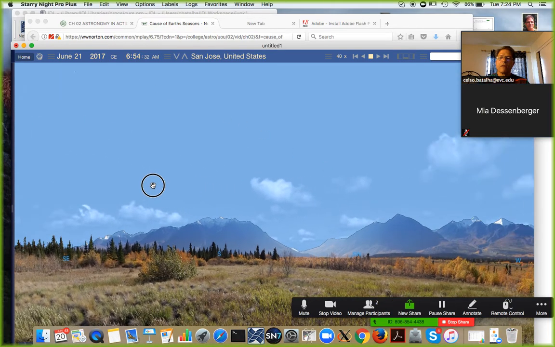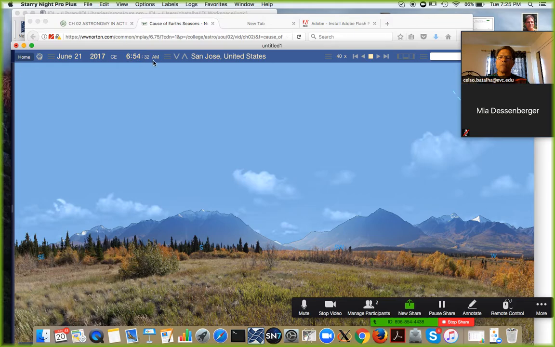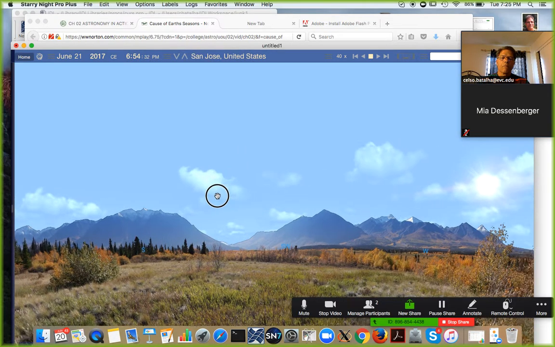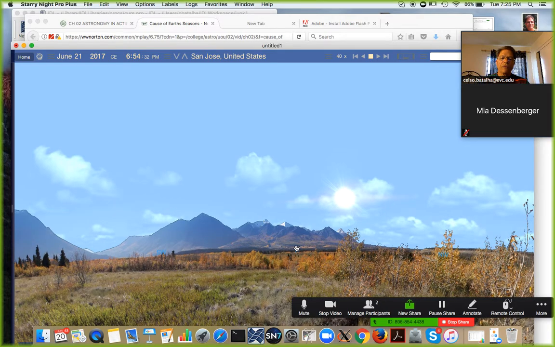And then when it's going to be below horizon, you look in the western sky, it's going to be somewhere around 6 p.m. or so.